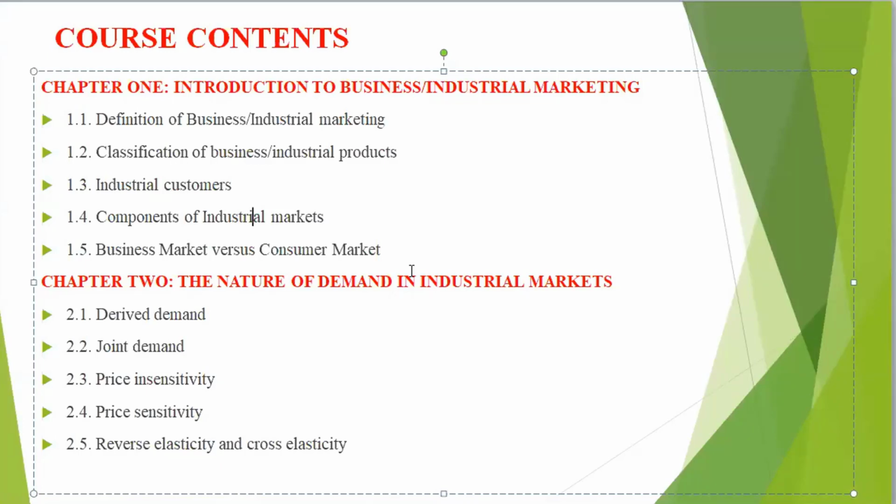The facilitator: within the payment transaction, they need a financial institution like a bank. The payment will be facilitated by banks or financial institutions. The transportation system is also one component, because the products are transported from the producer to the industrial consumer.